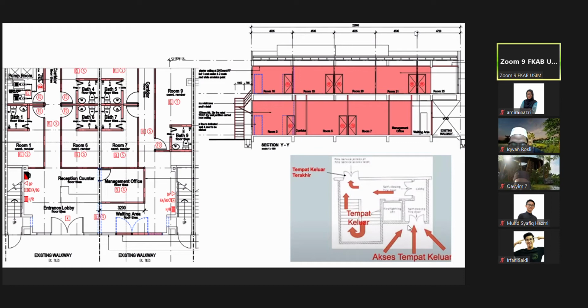Look at the images on your right side, you may see that the fire door is double swing, and of course you may see the last exit door here, the last exit door, and tempat access keluar is the last exit door, and also how you want to design the fire staircase together with the services area.